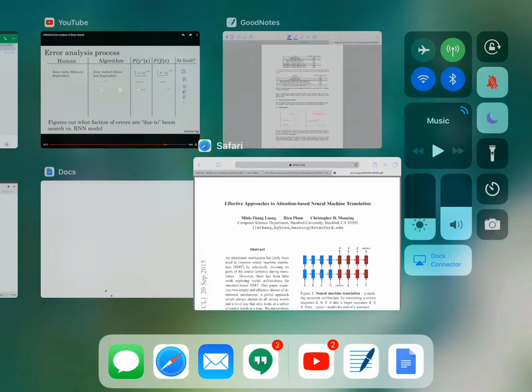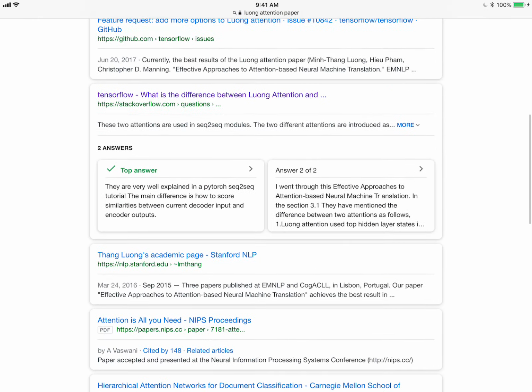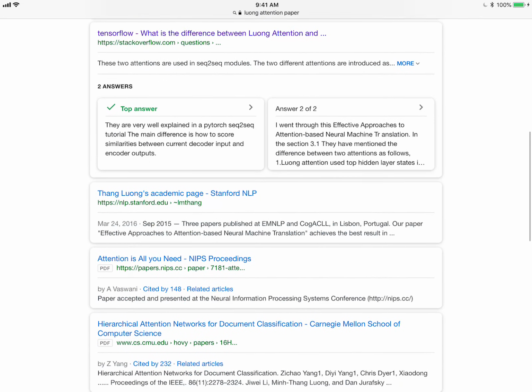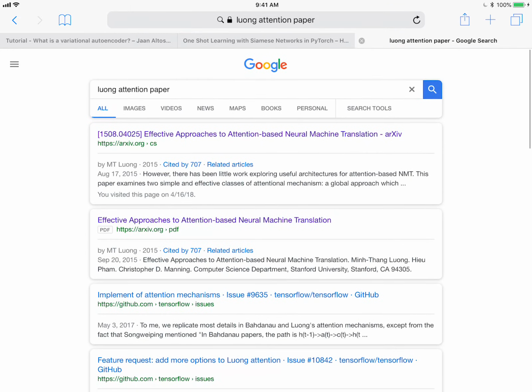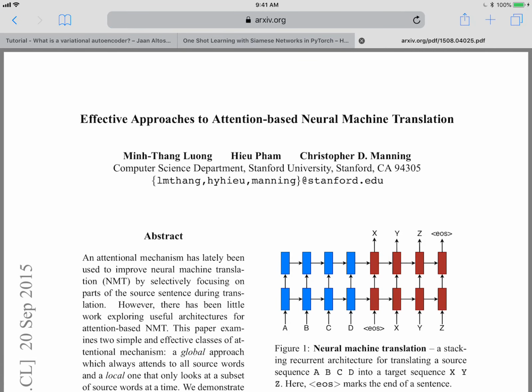Nope, maybe not this one. Which paper was it? It wasn't this paper. Maybe this one? Isn't it the same one?